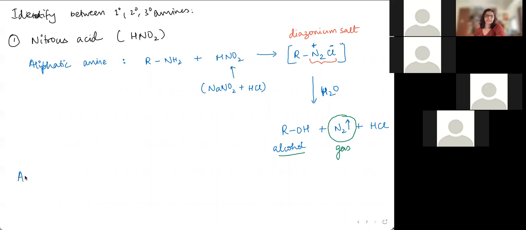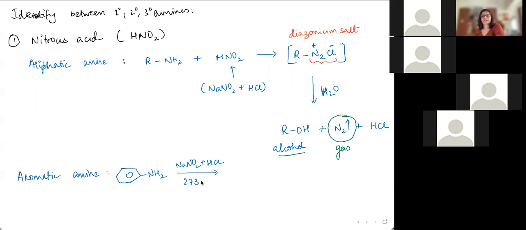So if you take aniline, for example, benzene ring, NH2. Again, same thing, HNO2 produced in situ, so NaNO2 plus HCl, Sandmeyer's reaction, whatever you guys learned there.